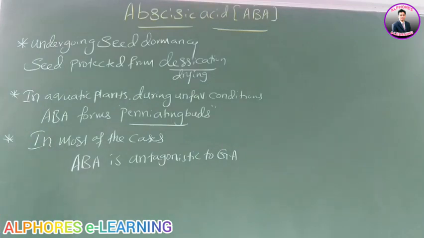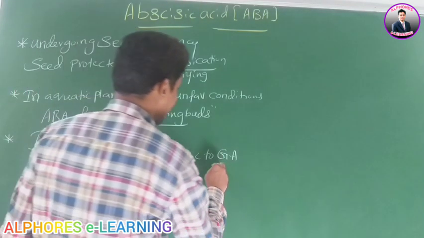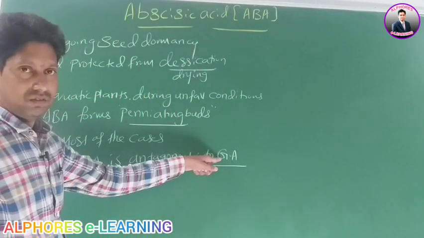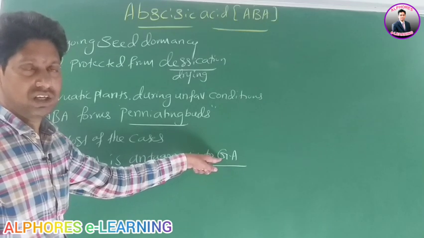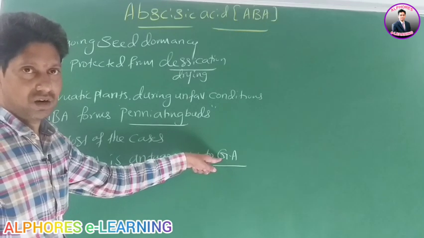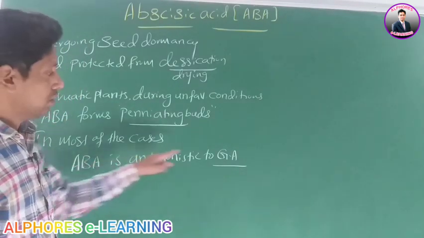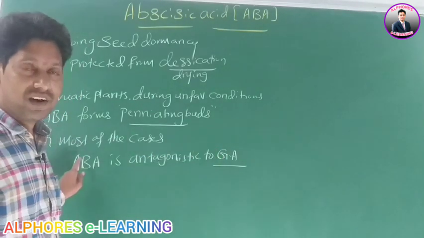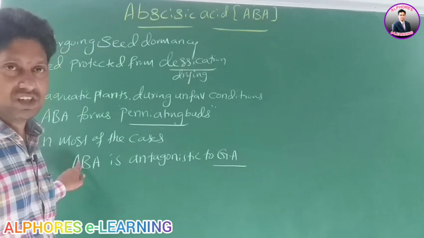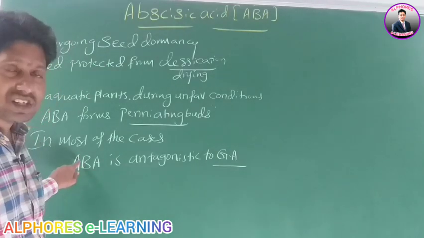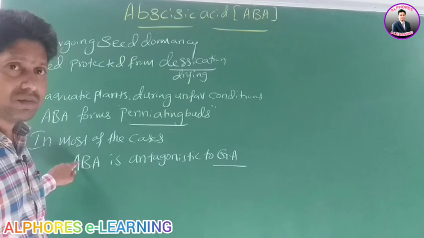Gibberellic acid. Is this statement okay? This gibberellic acid promotes seed germination in most of the plants, whereas abscisic acid prevents seed germination. Promotes seed germination, prevents seed germination.